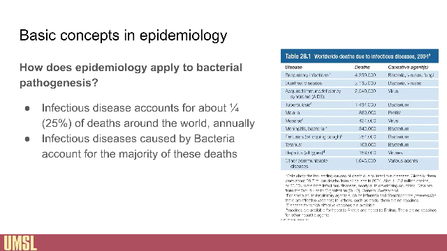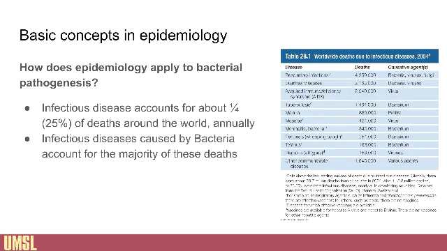And so how does this apply to bacterial pathogenesis? Well, about 25% of deaths in the world are caused by infectious diseases. And if we were to look at the major players in killing people, the large majority of these things are caused by bacteria.